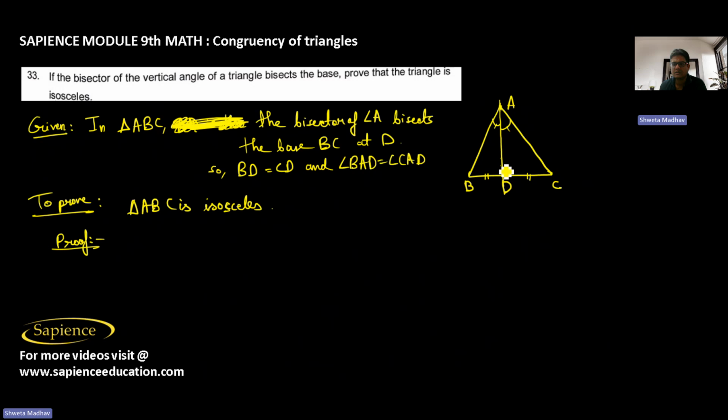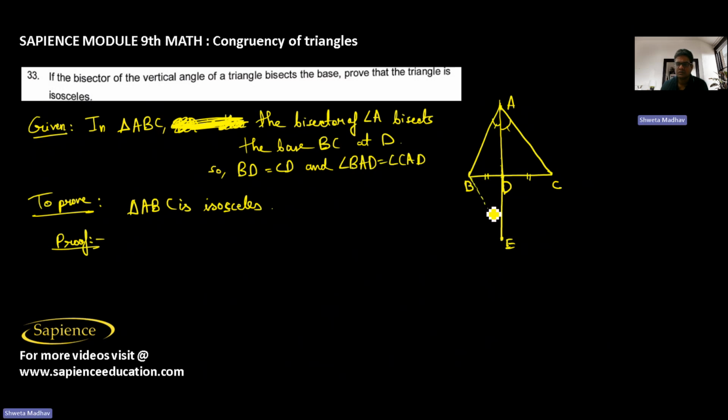These two sides are equal, and this is the common side. Now we can extend AD to the point E such that AD equal to DE.